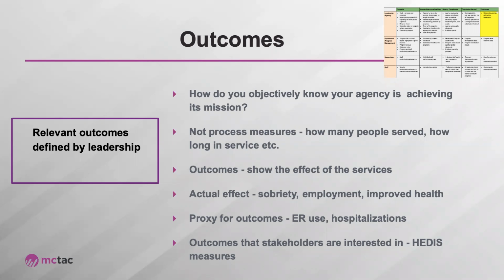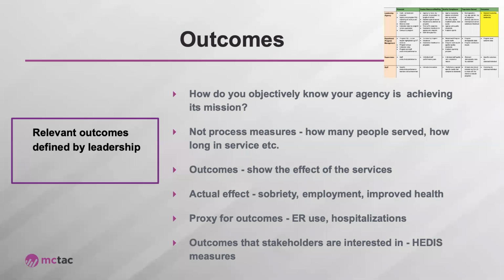And these are not process measures. We're not looking at how many people we served or how long in service or the census of a program. This is not really about that. This is about outcomes that show the effectiveness of the service, either on the individual or maybe on the community that you work in. And maybe a couple of ways of developing outcomes.